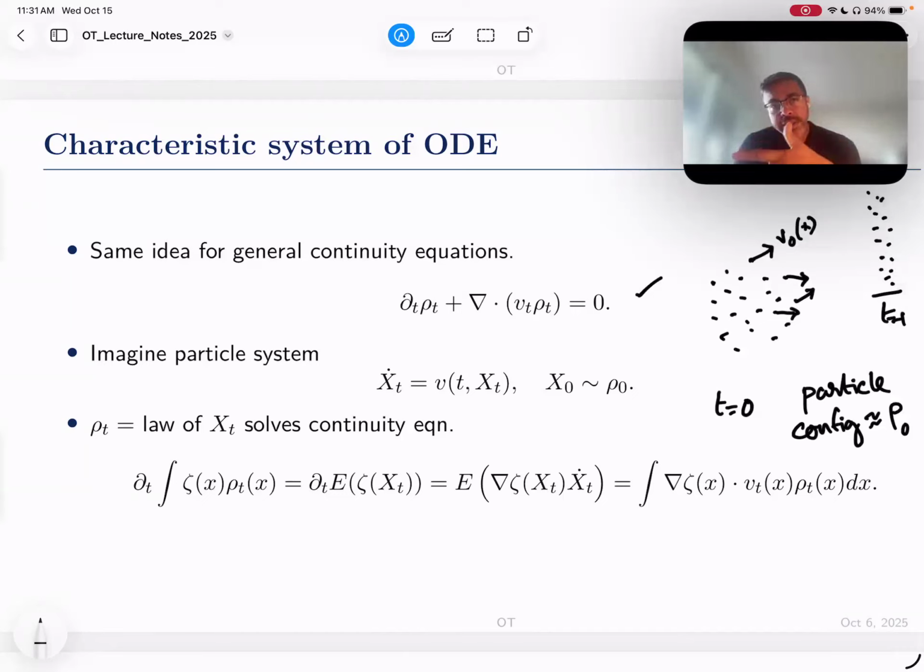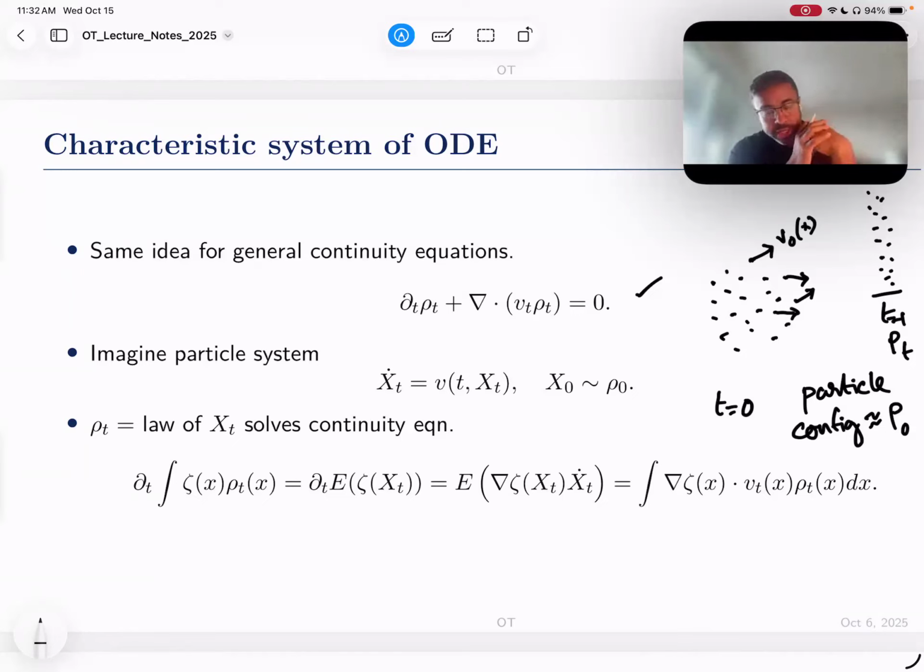And so you collect the histogram of these particles at time t equals 1 and call that rho t. Now, the reason I'm not quite using the word histogram is because these are discrete objects and I really want something which is continuous. So all I'm saying is: sample the initial particle from rho 0. Now let it move according to the velocity field vt of x. Stop it at time t. Now look at the distribution of the particle xt. And that's going to be my solution, rho t.